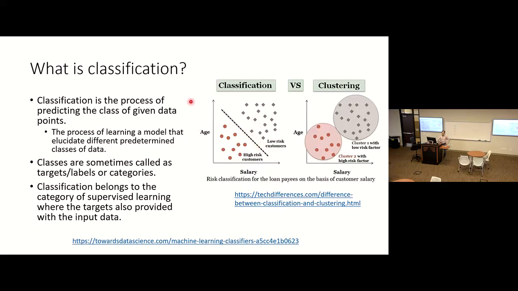Once you finish the training, the model has been built, and when a new data point comes in, you see that it is located here, and it belongs to the gray data point group. If the new data point is located here, then it belongs to the red group. That's why the classes are called targets or labels or categories.